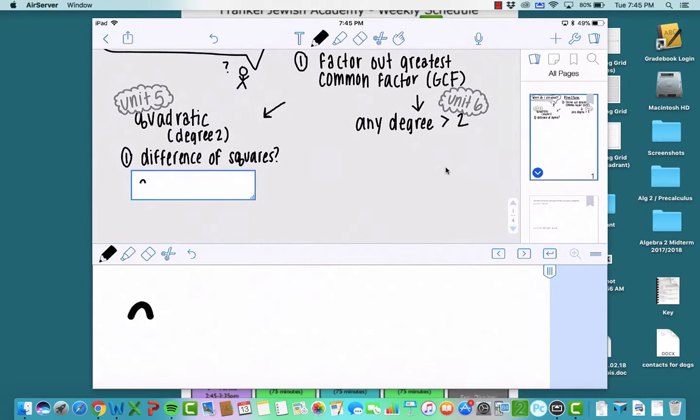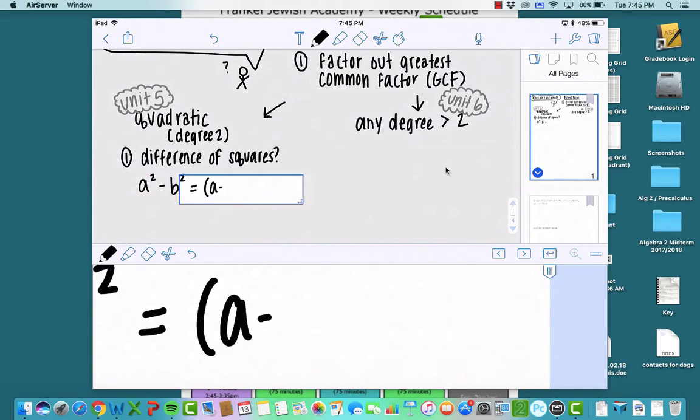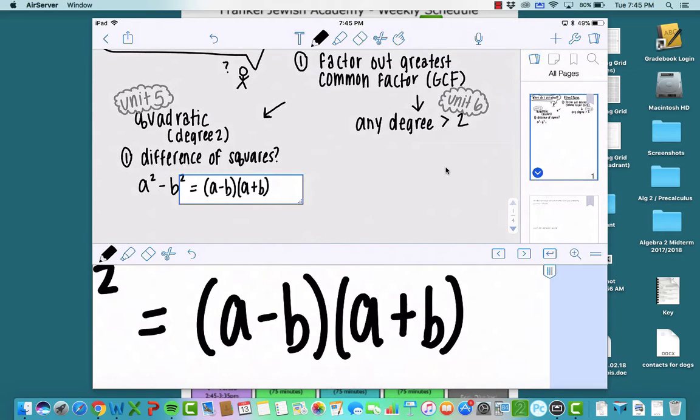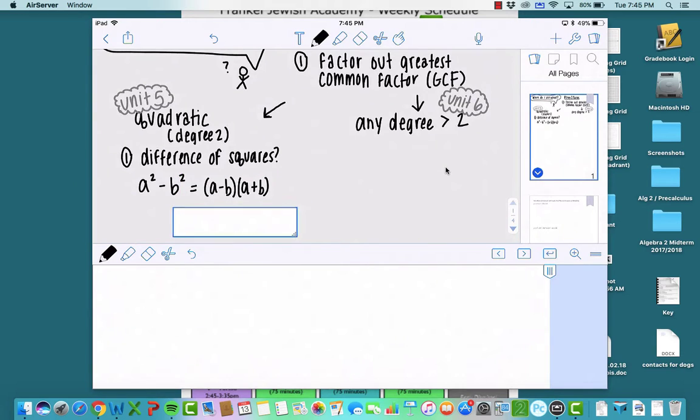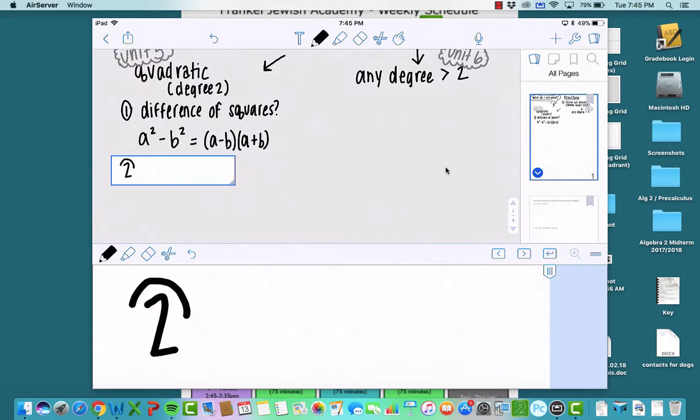If it's a squared minus b squared, it turns into a minus b times a plus b. That's just something you have to know. It's something you have to practice. It'll come with time.